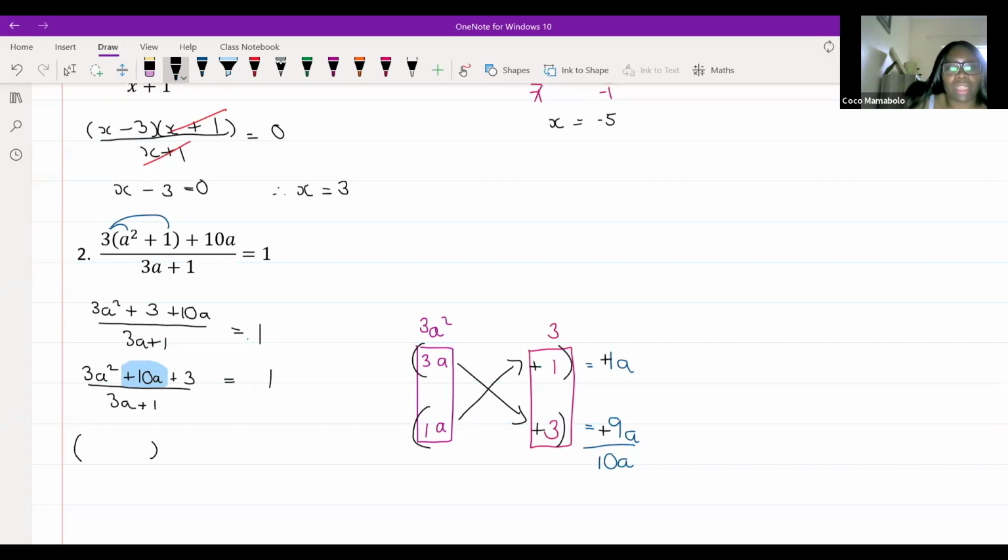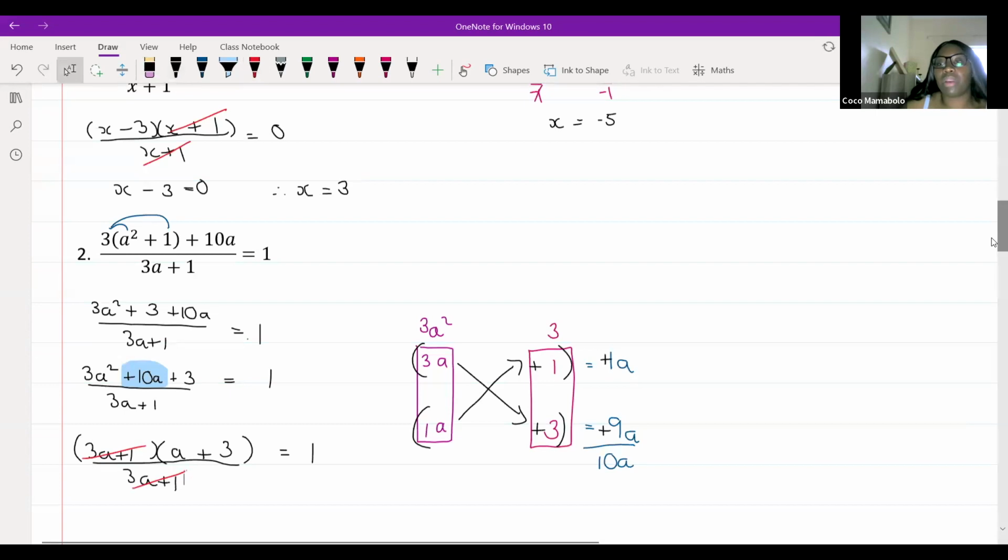So in my brackets up top, I'm going to have 3a plus 1 and a plus 3 over 3a plus 1 is equal to 1. Do I see anything top and bottom that I can cancel? Yes, I do. I see the 3a plus 1. So that one and that one will cancel.